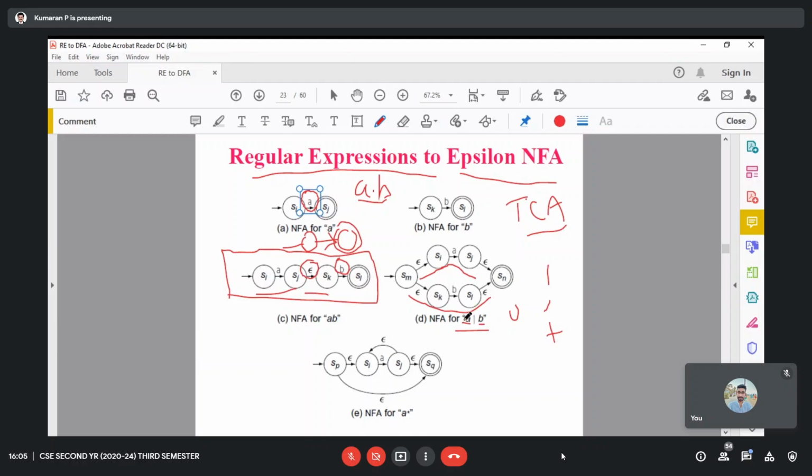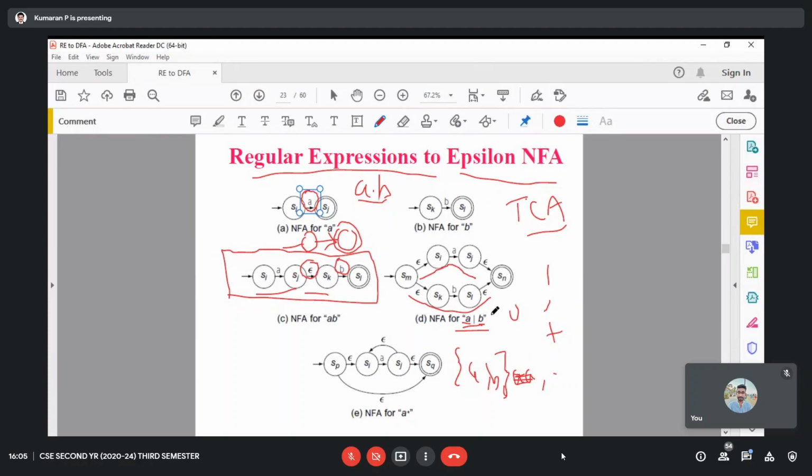So what will this give? The language of the regular expression a comma b will be a single a or a single b. Here you have only these two options.